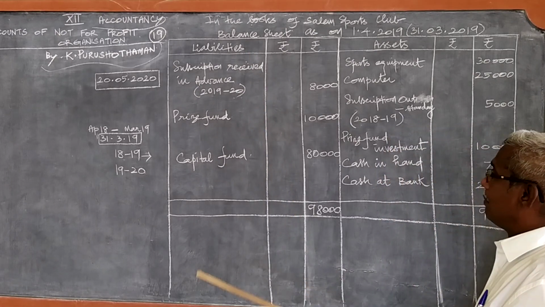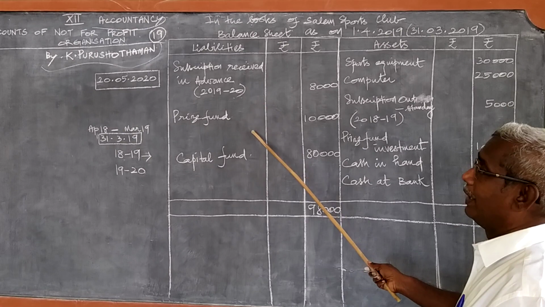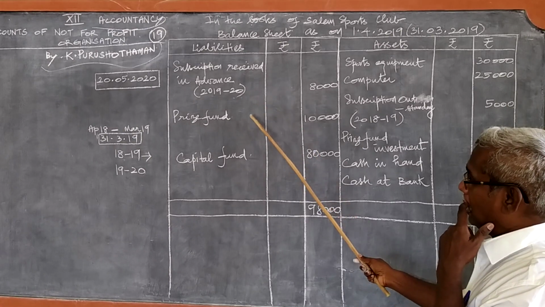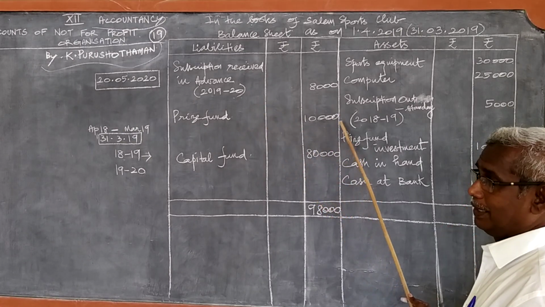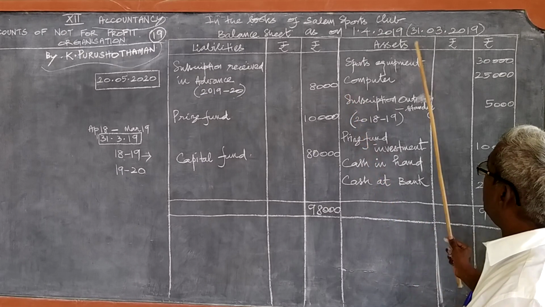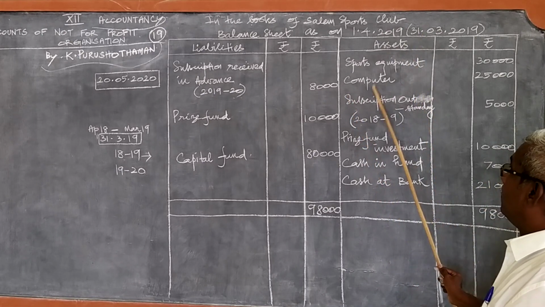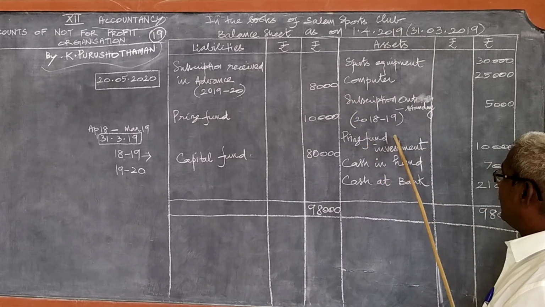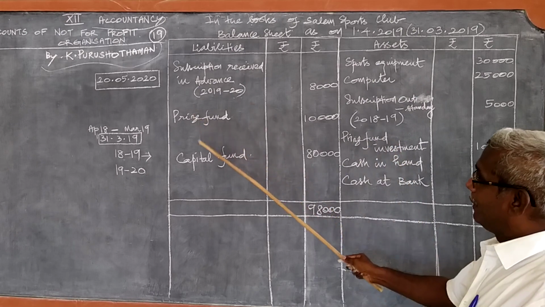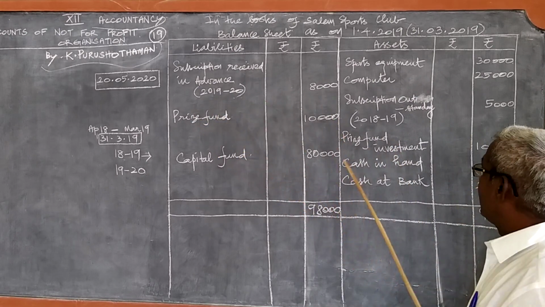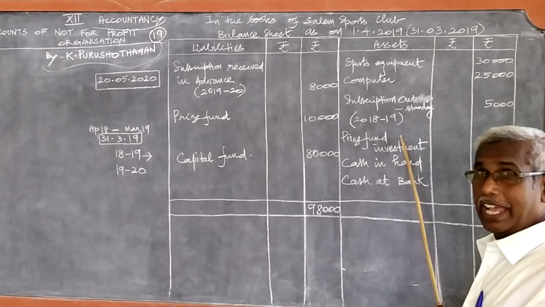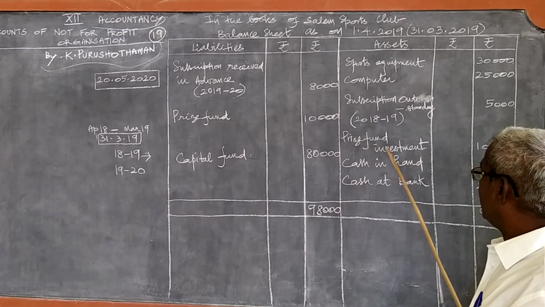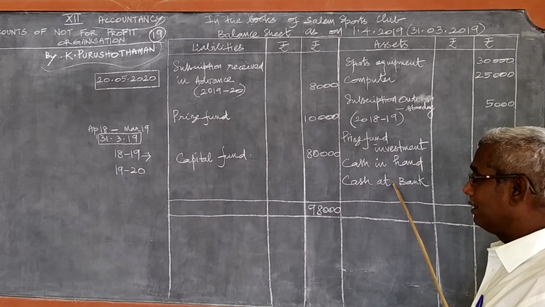Then the next one, prize fund. Any kind of fund must be written on the liability side. We have written it here. And the other items, sports equipment is an asset, computer is an asset, prize fund investment. Prize fund is a liability, whereas prize fund investment is an asset. We have written cash in hand and cash at bank; these are all assets.